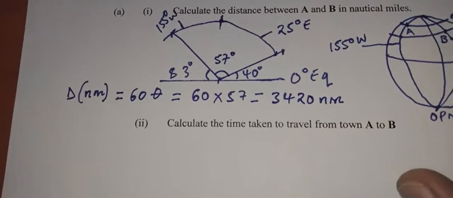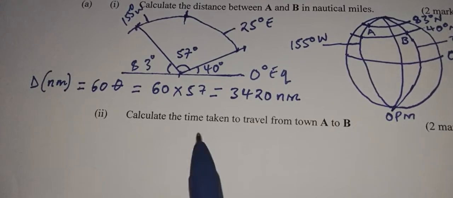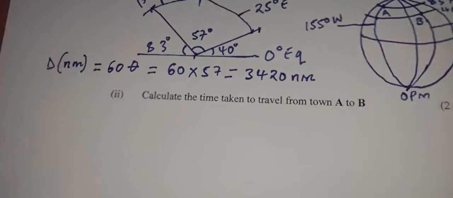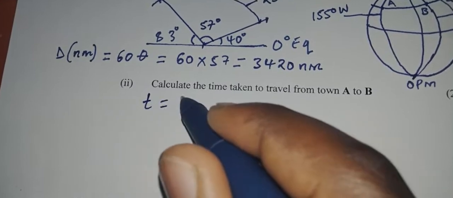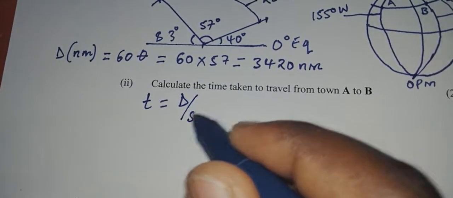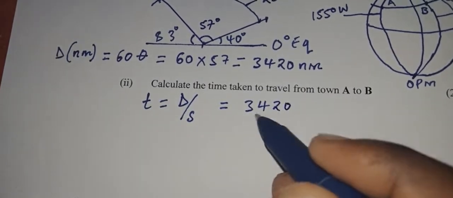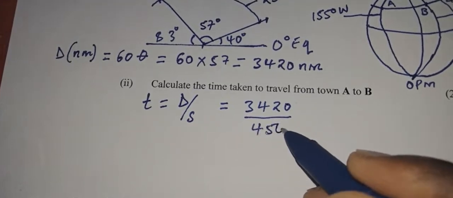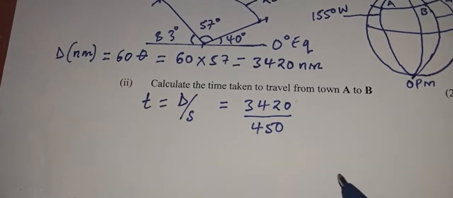We have a part 2, whereby we are told to calculate the time taken to travel from A to B. Time is usually given by distance over speed. The distance is already in nautical miles and the speed is in knots. The speed has been given as 450 knots. Knots is speed in nautical miles per hour.